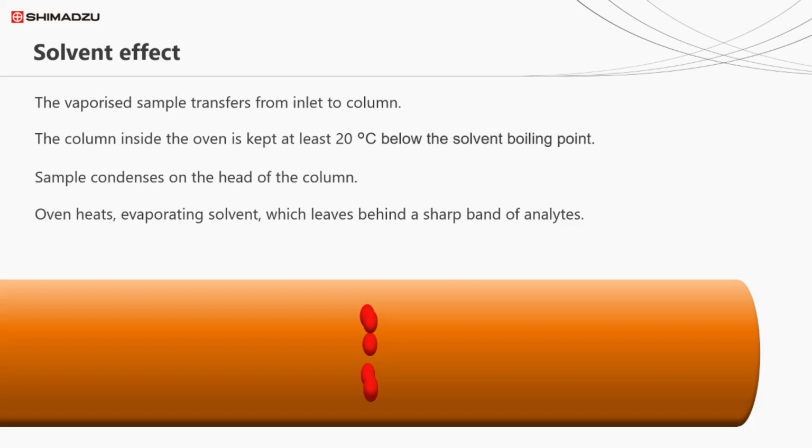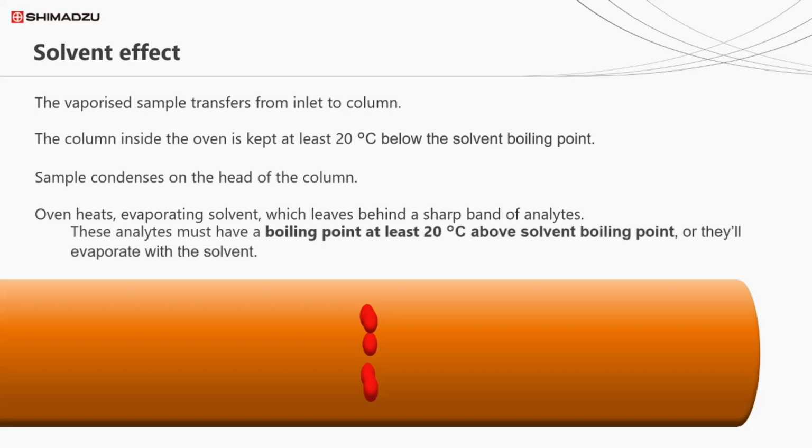In most circumstances, it is also necessary to keep the initial oven temperature 20 degrees or so cooler than the solvent boiling point. As you can see, Splitless requires some very specific situations in order to work well. This is why in most applications a more simple split mode is used instead.